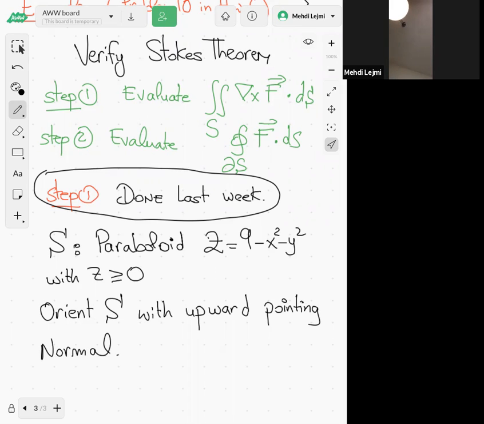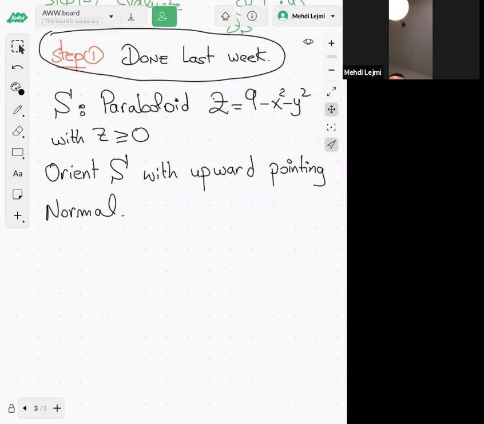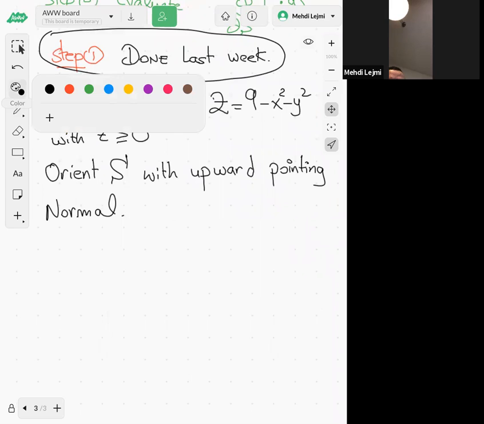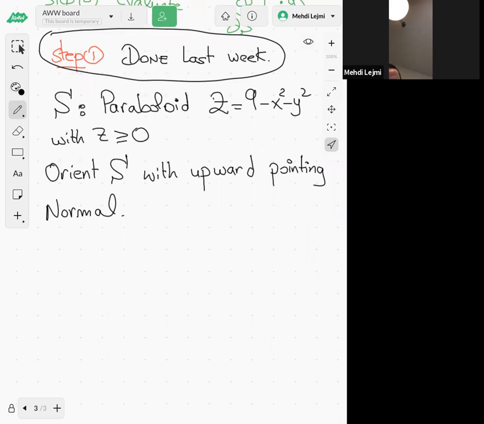Right. So I'm going to first graph this surface S so you can see what I'm talking about here. We have the x, y, and z axes.